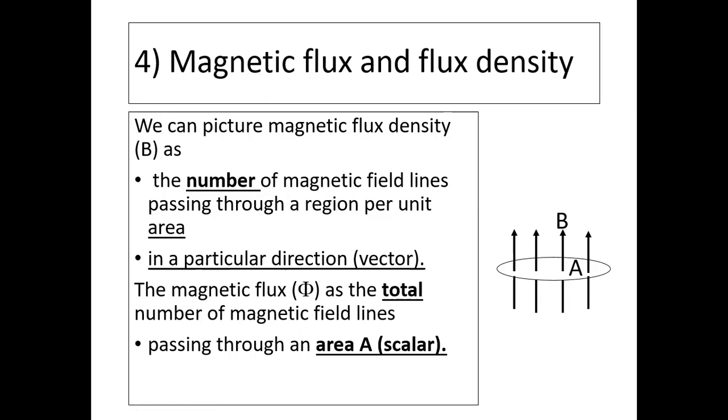Wait, but what's the difference between B and flux? Both sound the same. One is the number per unit area, the other is the total number of lines passing through the total area. This one has direction, this one has no direction. B means number per unit area, not the total area.